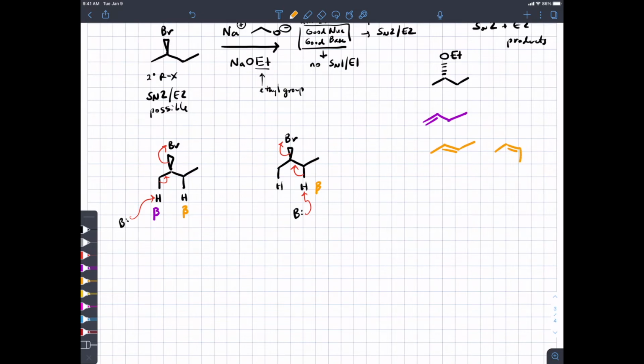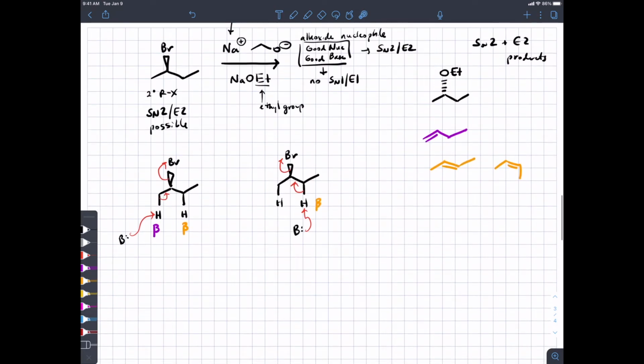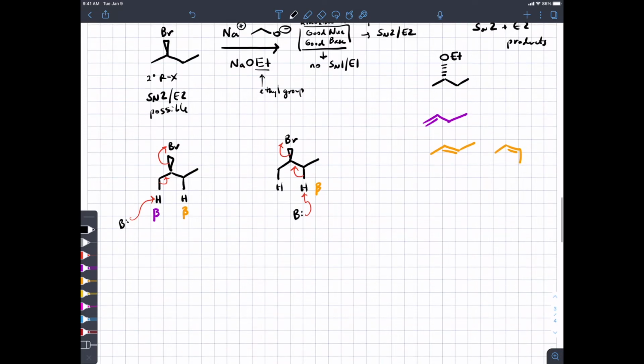Now, in the case of elimination products, when multiple elimination products are available, the most stable alkene wins. And we're going to talk about alkene stability, but let's just put a pin in that for right now.